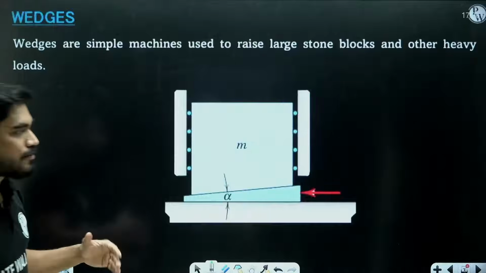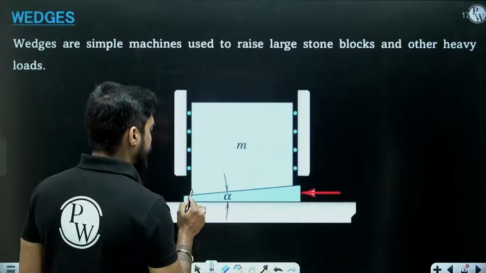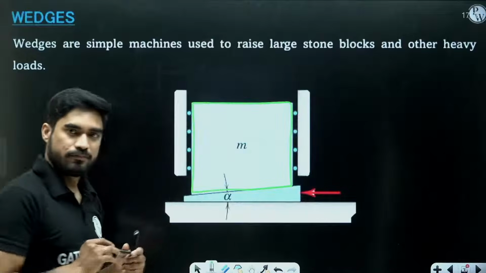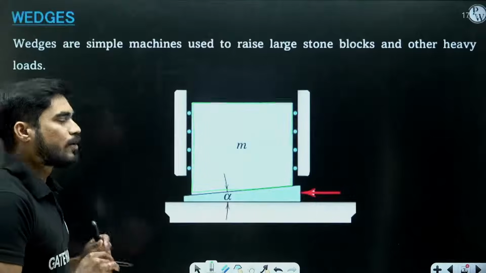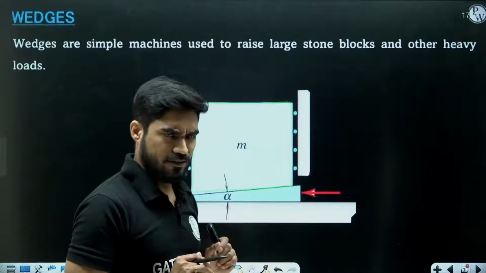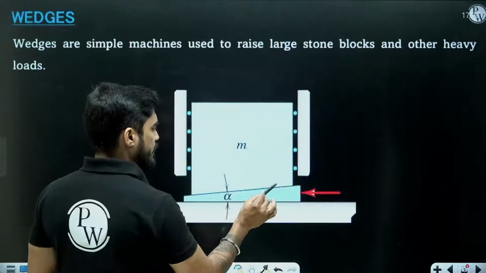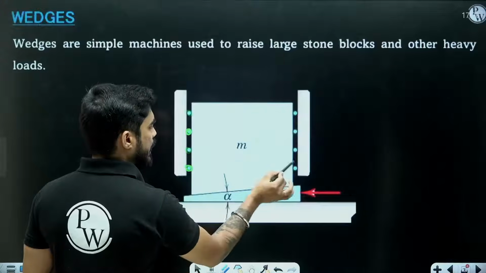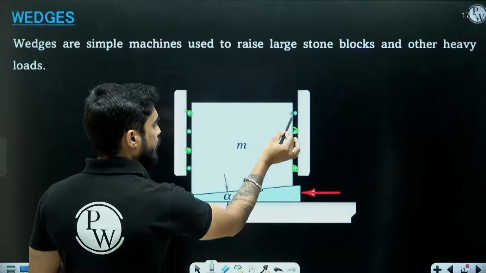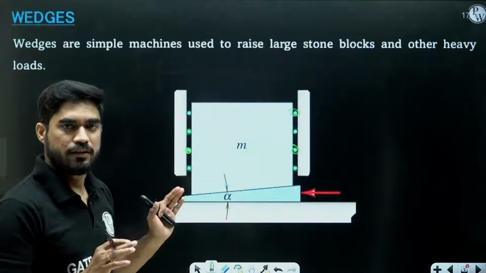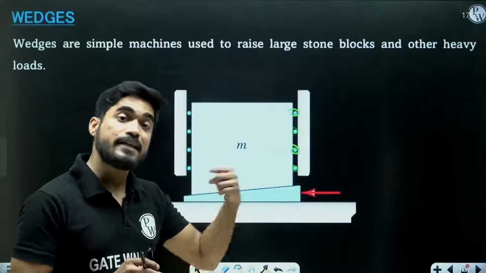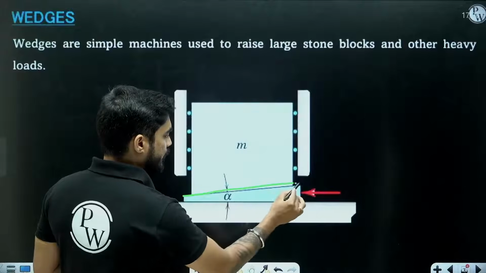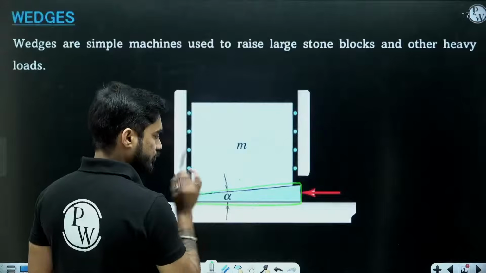Now, how the wedges work is, for example, let's say this is a heavy block which you need to lift, but you want to lift it with minimum effort. So what we do is we put these kinds of rollers on the side, in order to give it support and minimize friction, and then we put this thing at the bottom.